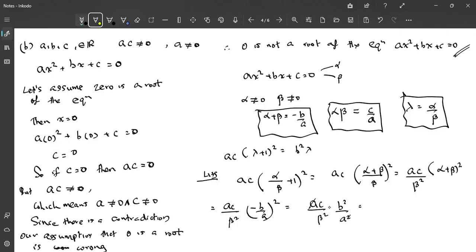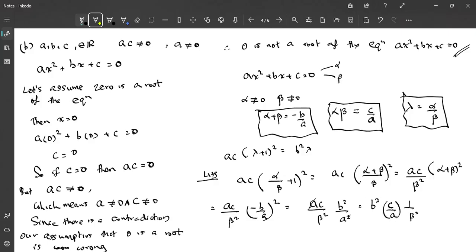What is remaining is c b squared over beta squared a. So I will put this b squared separately because in the final answer there is a b squared. Then I will put this c part here and a part right below it, and I will put this 1 over beta squared separately like this. So I have three parts of this.